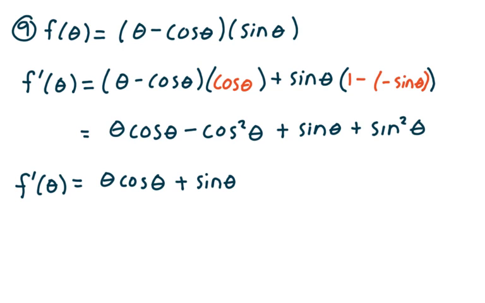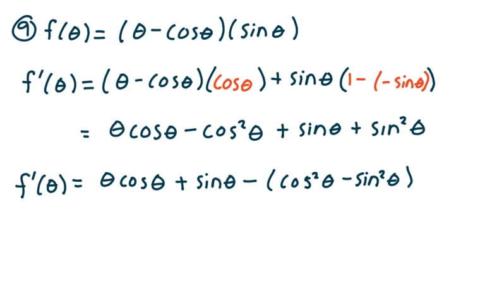And I'm going to do something to you guys here. Now, I'm going to factor out a negative and write these remaining two terms as cosine squared theta minus sine squared theta. But remember that cosine squared theta minus sine squared theta is cosine 2 theta.